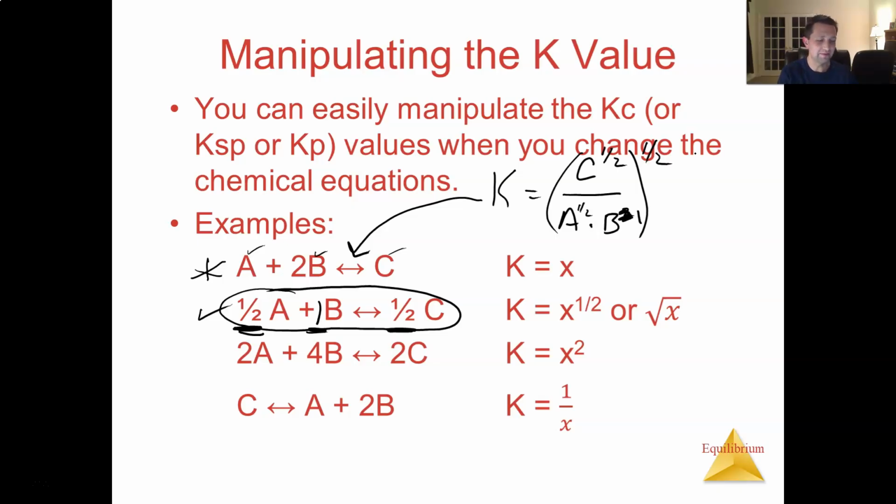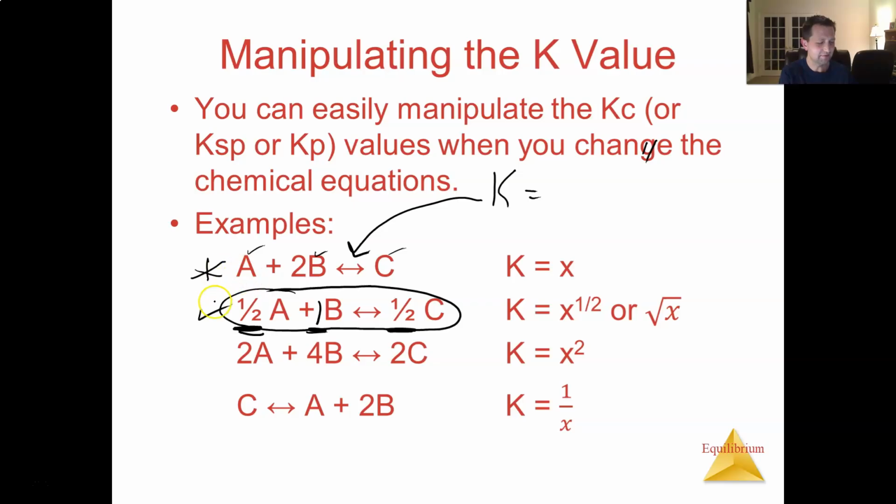So whatever your K value was, say it was 0.02, just take 0.02 to the 1/2, or the square root of it, because something to the 1/2 power is the same as the square root of that thing. So if you multiply all of it by 1/2, all you have to do is take the square root of your K value.